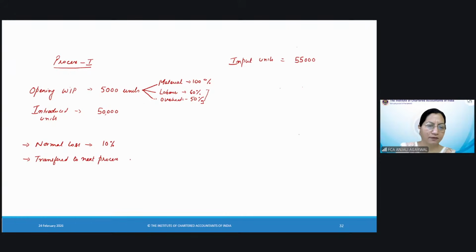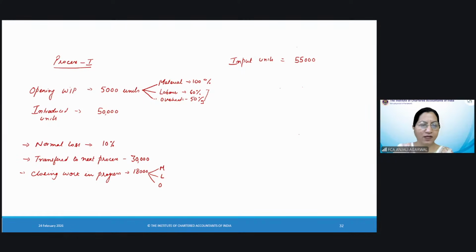Let's say 30,000. We know what is closing work in progress. Let's say 18,000 units. Now again, this is closing work in progress. So it would be complete as far as material, labor and overheads to a certain degree. These units which are transferred to the next process, they are 100% complete in all respects.